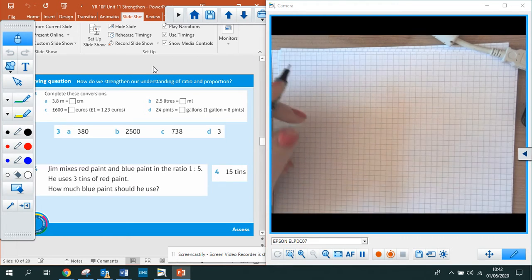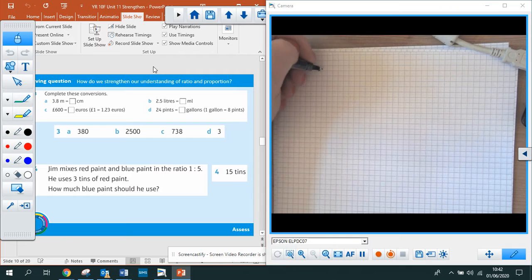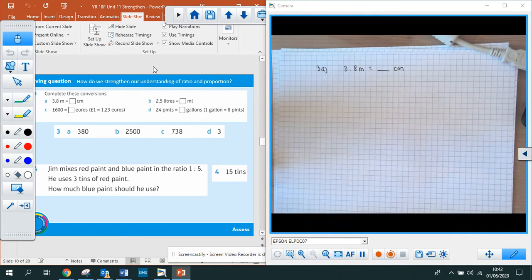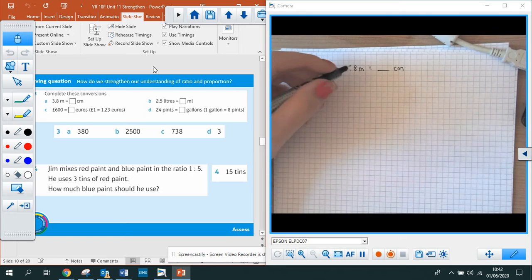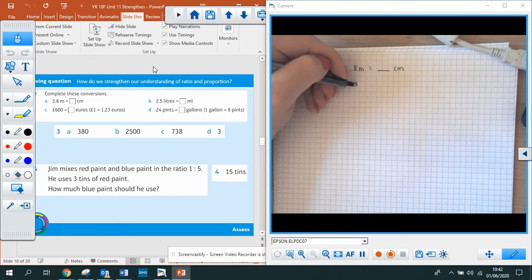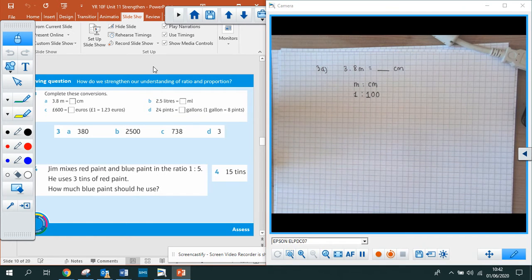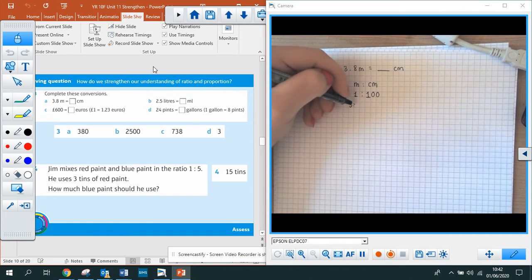Okay, so question 3A. They want 3.8 meters, what that is, how many centimeters that is. So remember, the way I'm going to do this is I'm going to write my own ratio, meters to centimeters. I know that 1 meter is 100 centimeters. I have 3.8 meters.